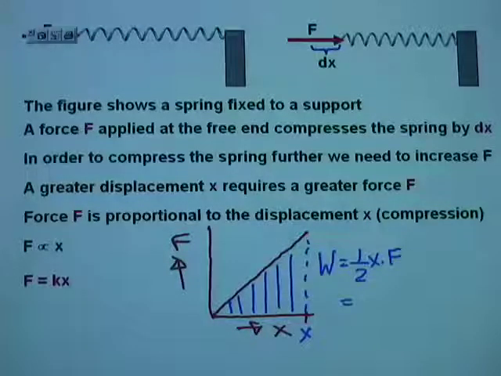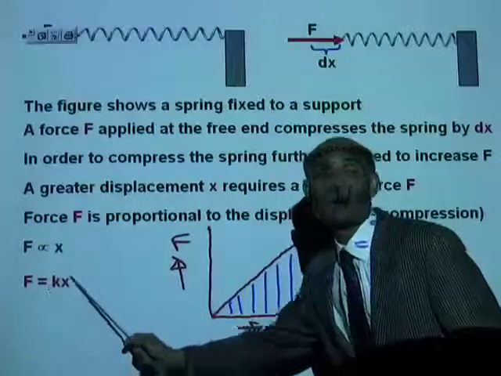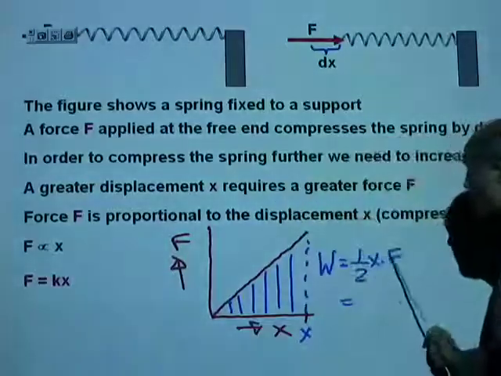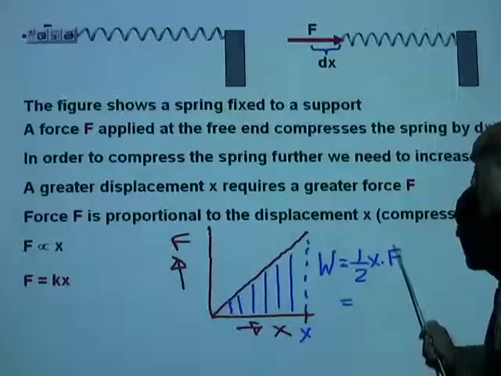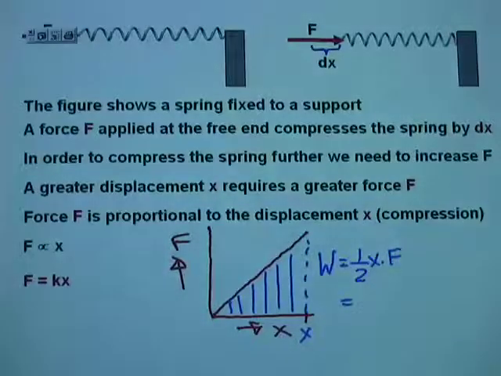Alright, help me rewrite this. This F, if you know, is given by Hooke's law, F equal to kx. So in here, I'm going to replace that F by kx. And let's see what the equation now becomes. That will be 1/2 x times kx.